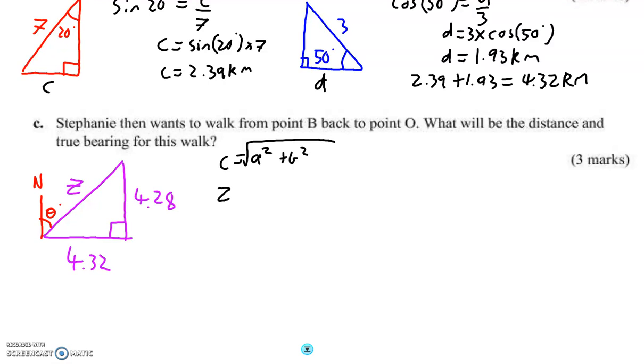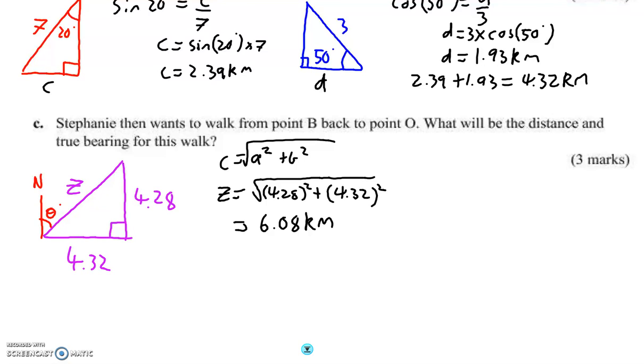So in this case, Z equals the square root of 4.28 squared plus 4.32 squared. Which gives you a final answer of 6.08 kilometers. Again, your worded answer would be Stephanie walks 6.08 kilometers back from point B to point O.